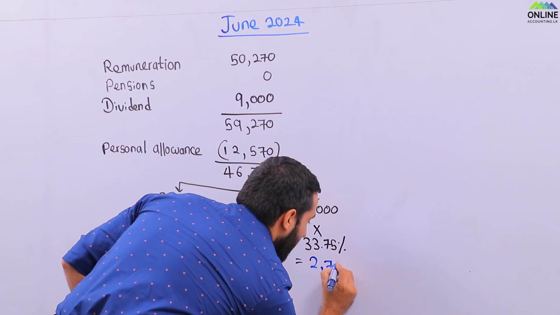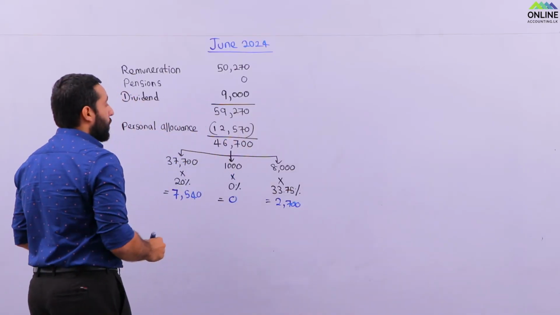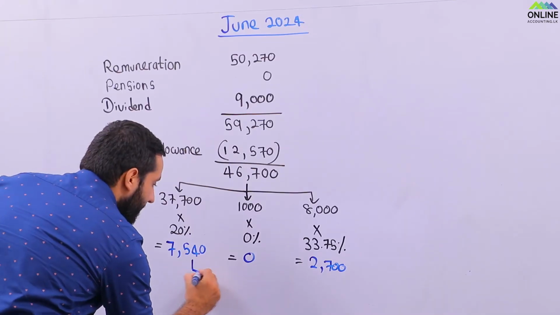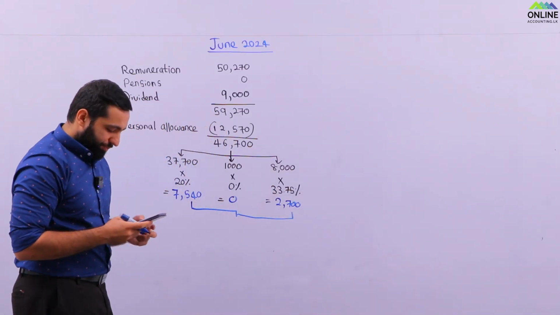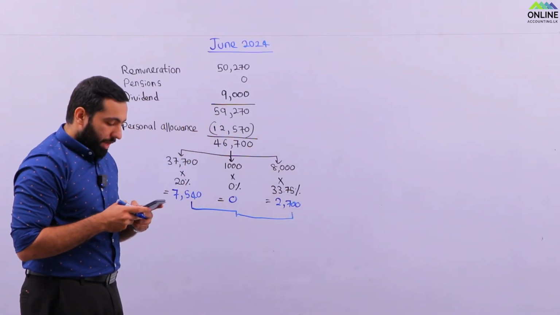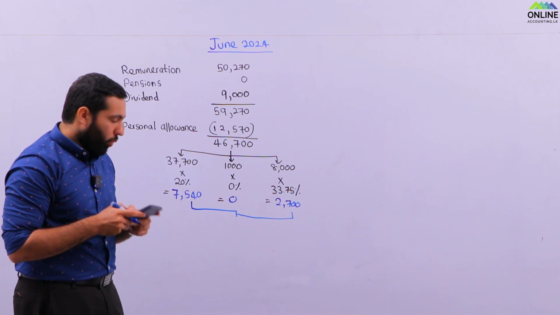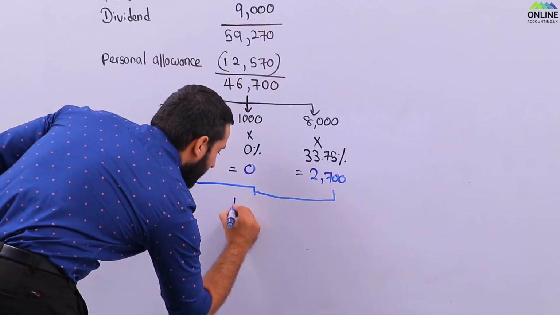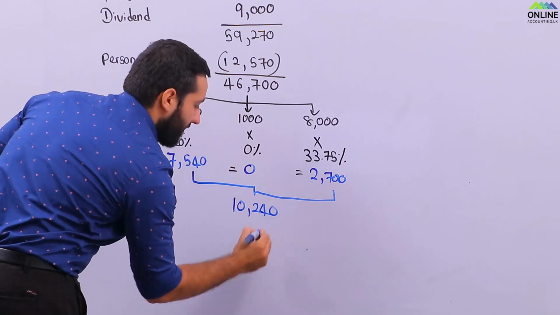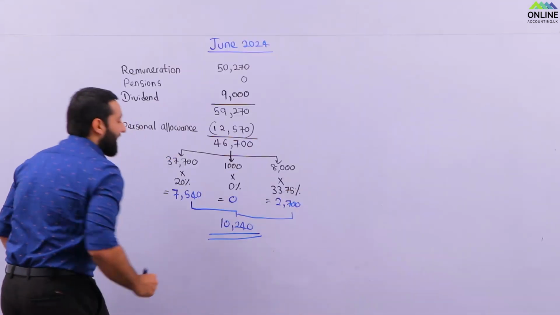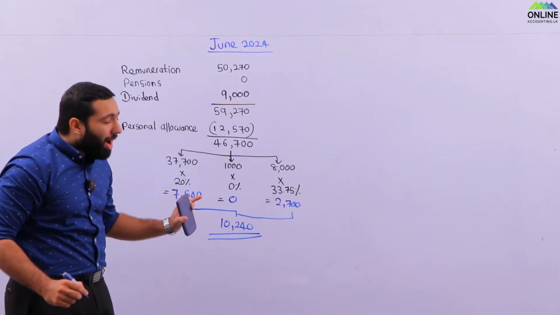Yes, 2,700. And then the total of all of these will give you an amount of 10,240. This is the amount that each partner has to pay.